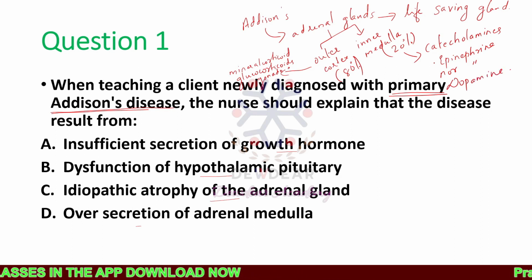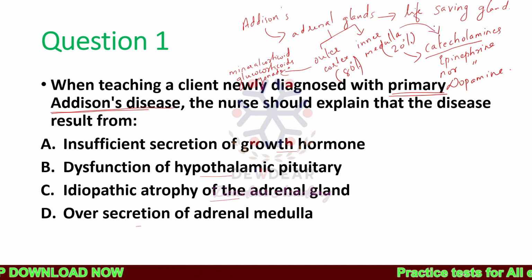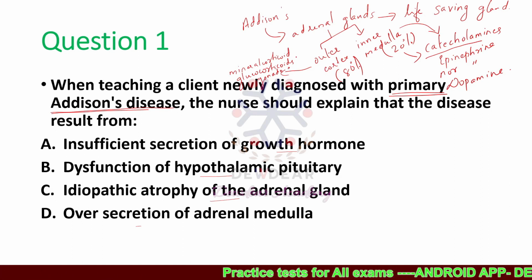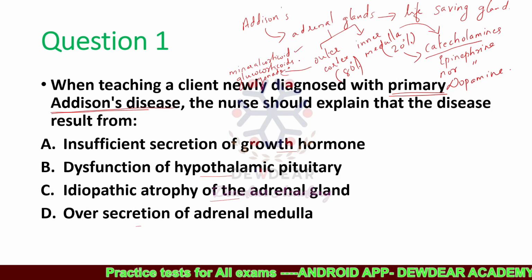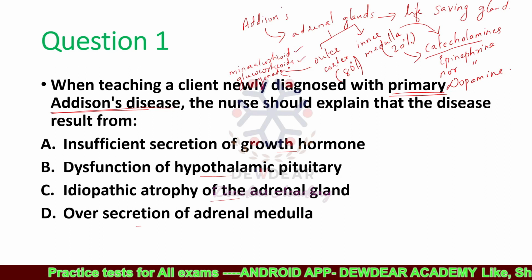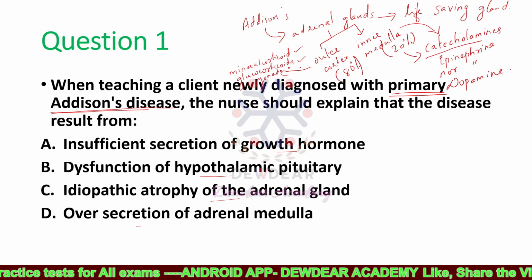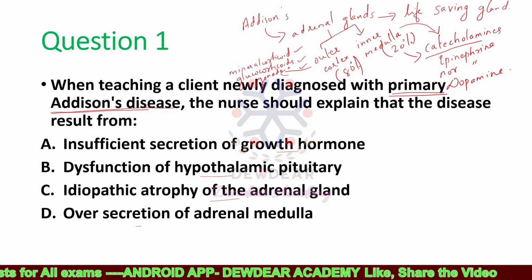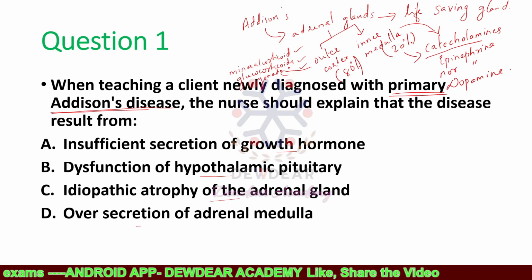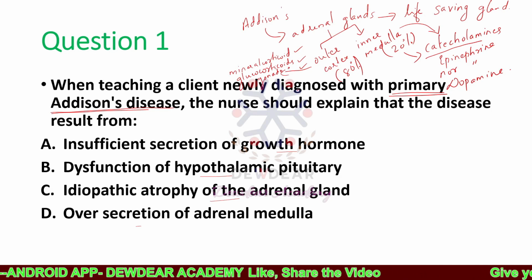These are the three catecholamines produced by the adrenal medulla. The outer cortex produces mineralocorticoids, mainly aldosterone, glucocorticoids, mainly cortisol, and gonadocorticoids that include androgens. These are the three steroid hormones secreted by the outer cortex.